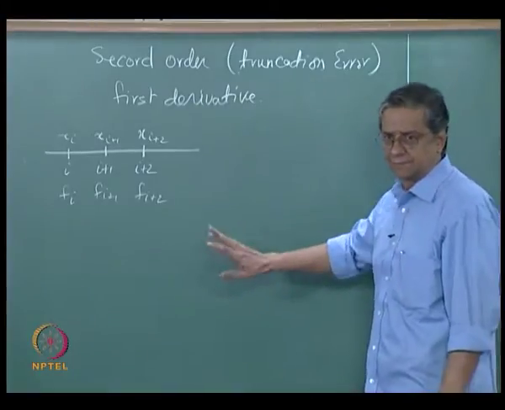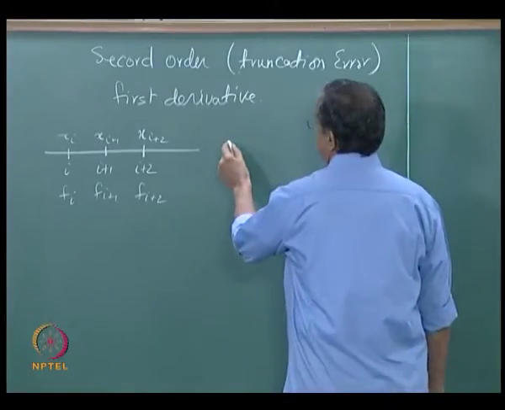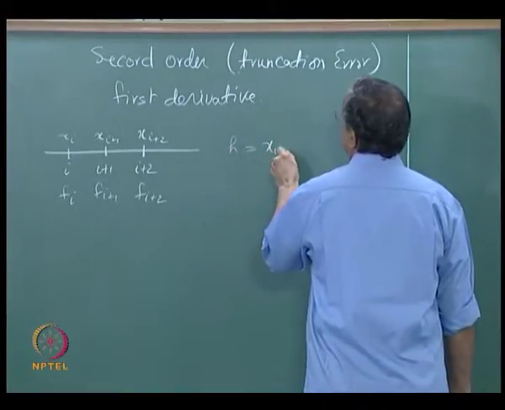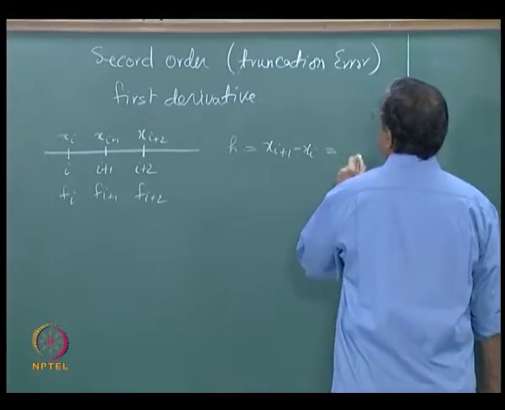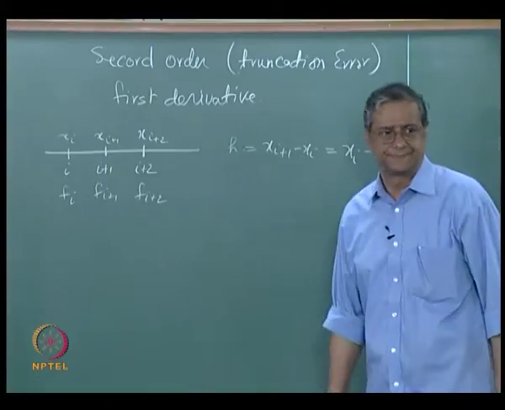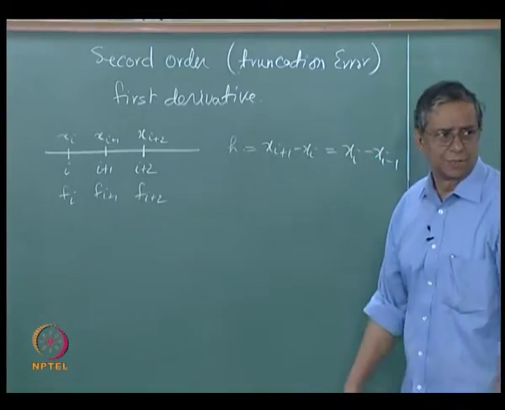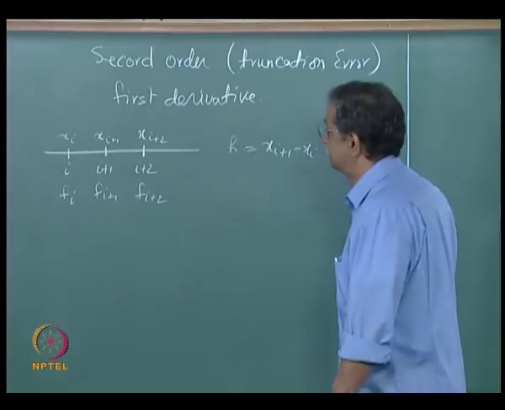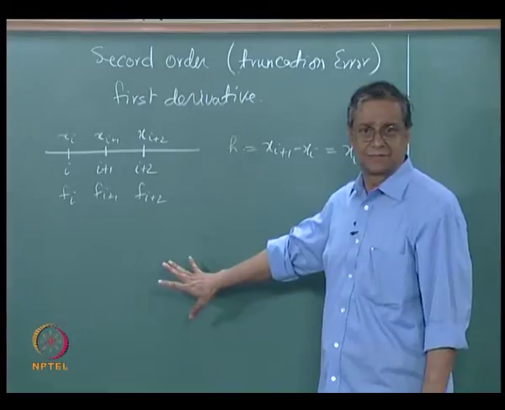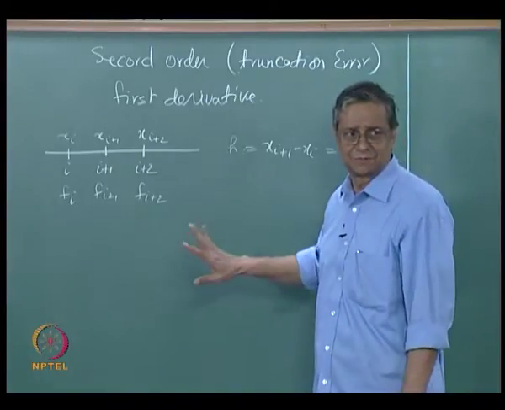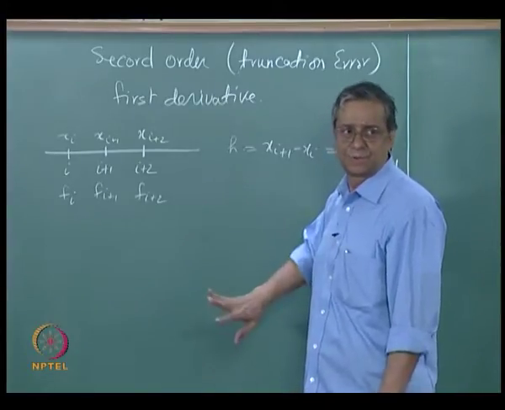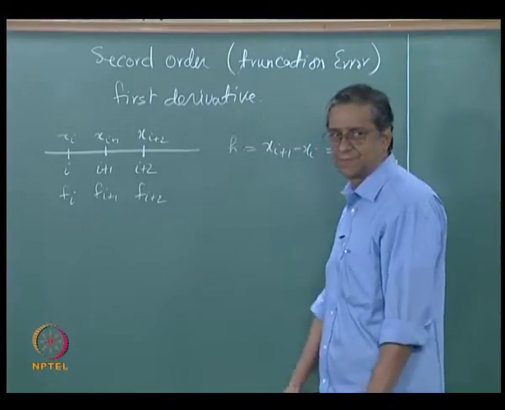Right now we will assume that h equals x_{i+1} minus x_i, which equals x_i minus x_{i-1}. We will assume that they are equal intervals right now, and later we will do unequal intervals, because unequal intervals are of interest to us. Except here in this class you will never see me use unequal intervals again. So this class is important in that sense; for this course I am not going to do unequal intervals outside this class, okay, is that fine?